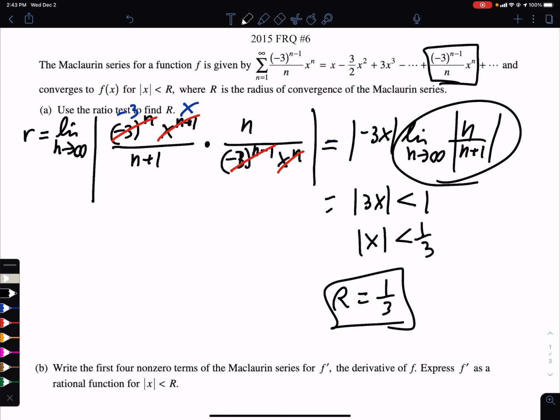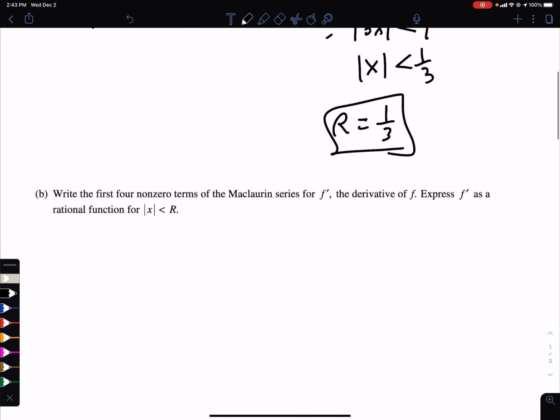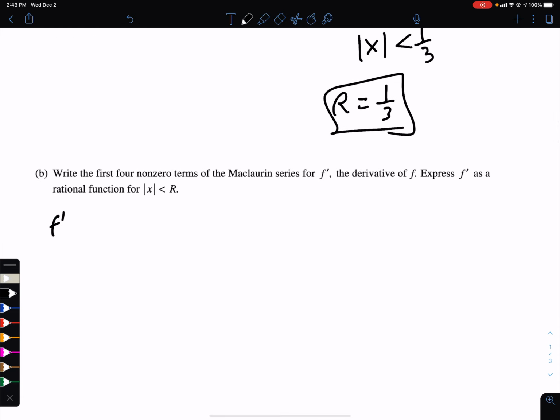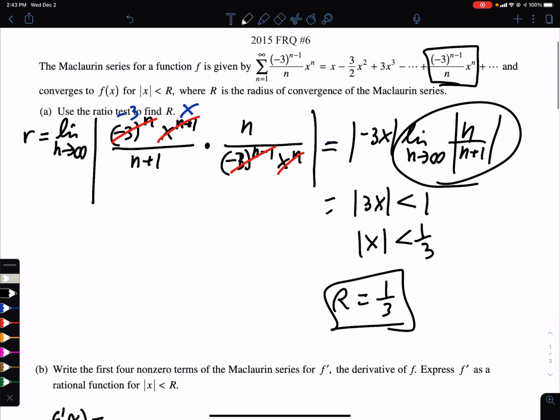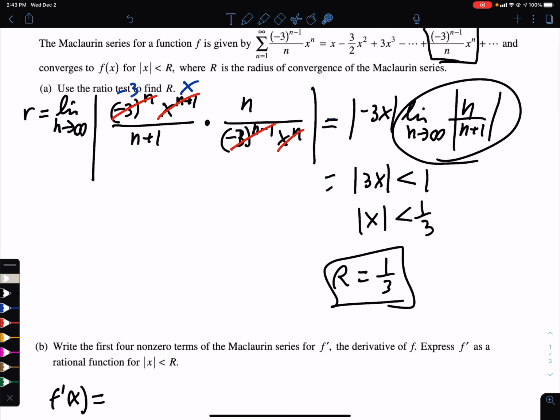Part B asks for the first 4 non-zero terms of the derivative of f. We learned this is one of the 5 things you can do to a series. If you want the series of the derivative, you take the derivative of the series term by term.